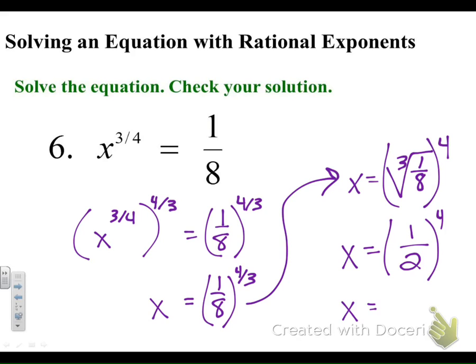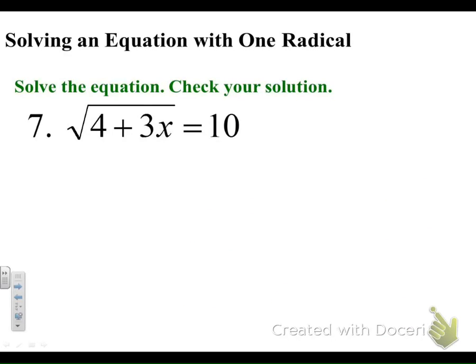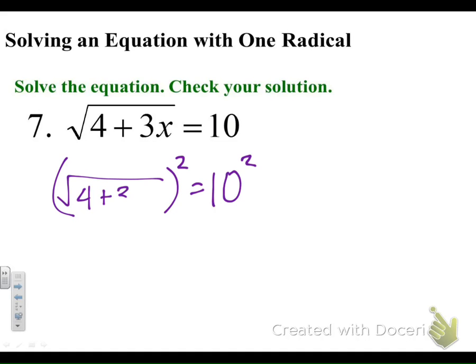And last step is to take both of those, numerator and denominator, to the 4th power. So now we're just left with the radicand, 4 plus 3x equals 100, and you solve from there.